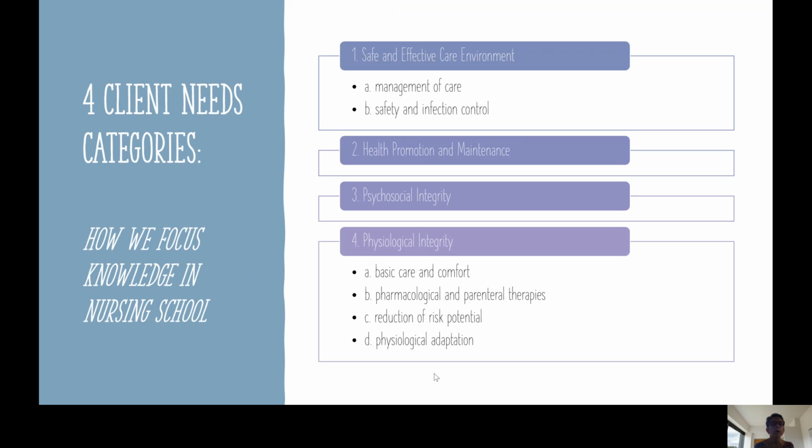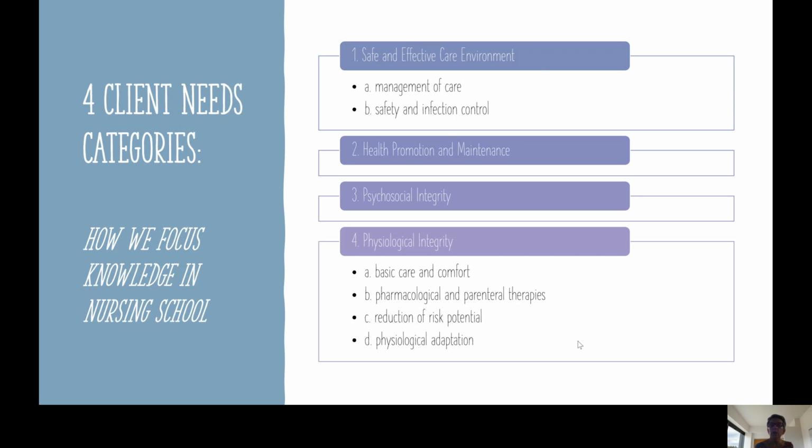If you've joined me in the past, this is going to be a review, but we need to be familiar with the main categories of the 4 client needs, as that is how we focus our knowledge in nursing school. And you will notice as you're going through each section of your adult health book that you will find these categories in the learning outcomes portion of each chapter.